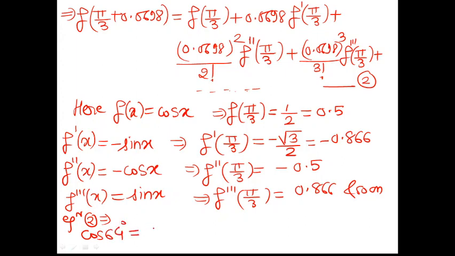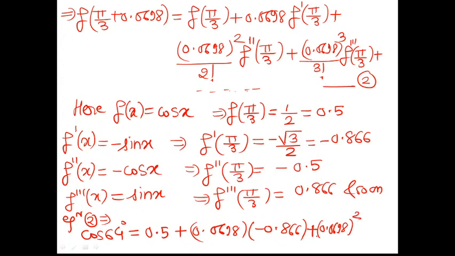So cos of 64 degree is equal to 0.5, then 0.0698 times f dash, that is minus 0.866, then plus 0.0698 whole square upon 2 factorial into f double dash, that is minus 0.5, then plus 0.0698 whole cube upon 3 factorial into the next value, which is 0.866 and so on.